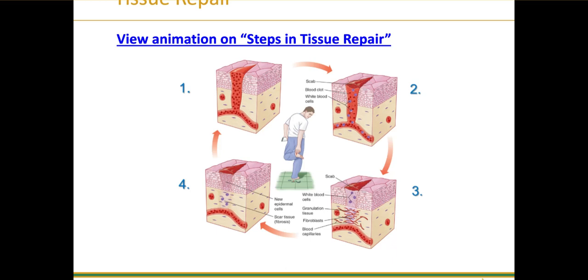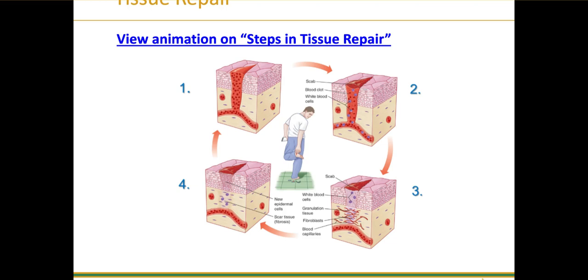Okay, the next section we're going to talk about is on page 83. It's on tissue repair. There are two ways that your body can repair tissue. One is regeneration. This is when your damaged tissue cells are replaced by the same types of cells, resulting in a functional new tissue.